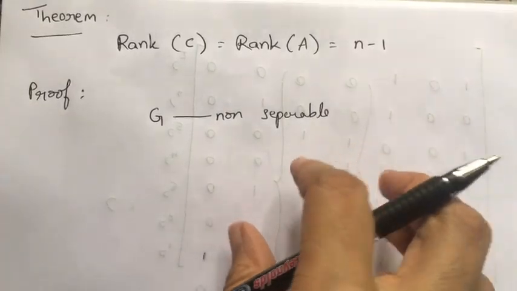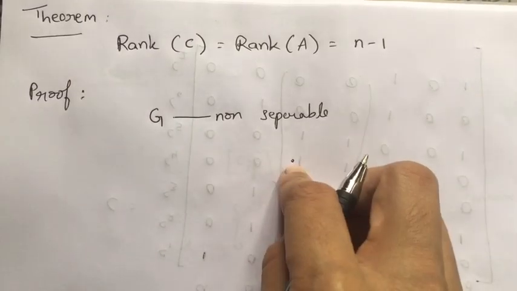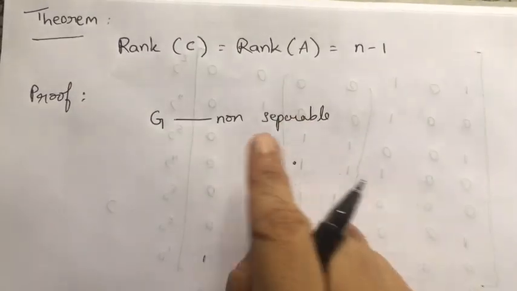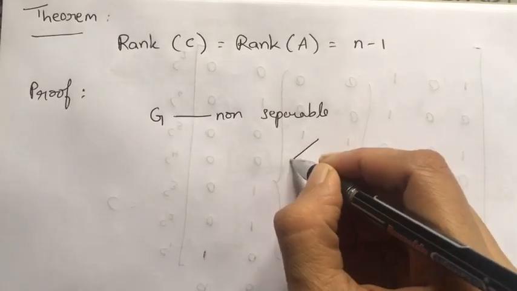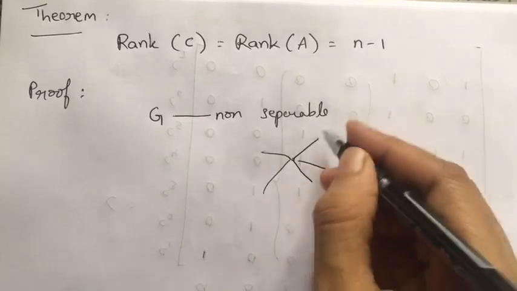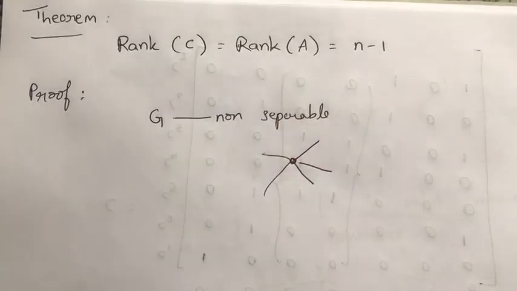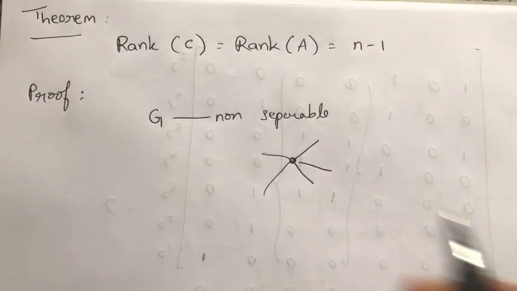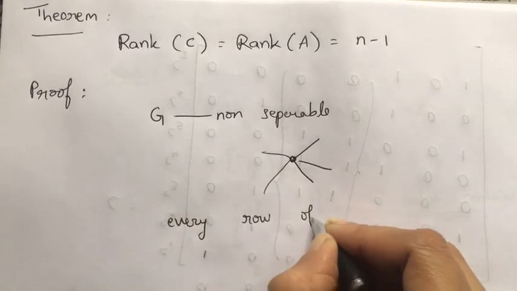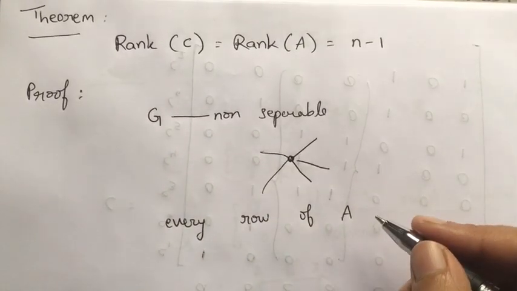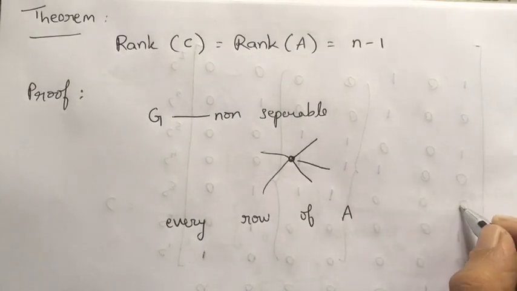Then every set of edges which are incident on a particular vertex forms a cutset. Therefore, every row of the incidence matrix A is included as a row of the cutset matrix C.